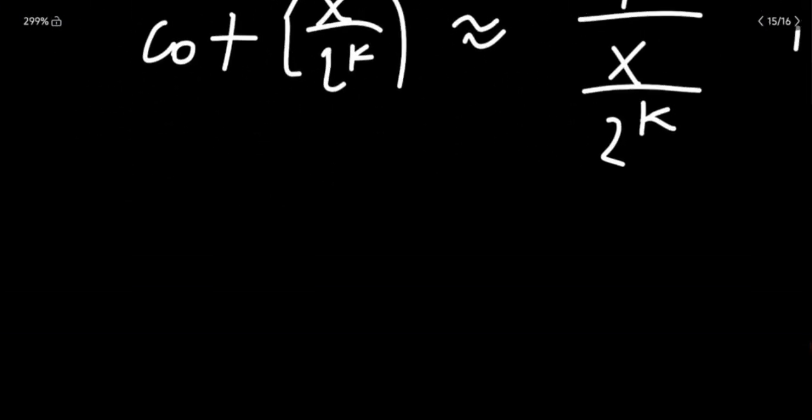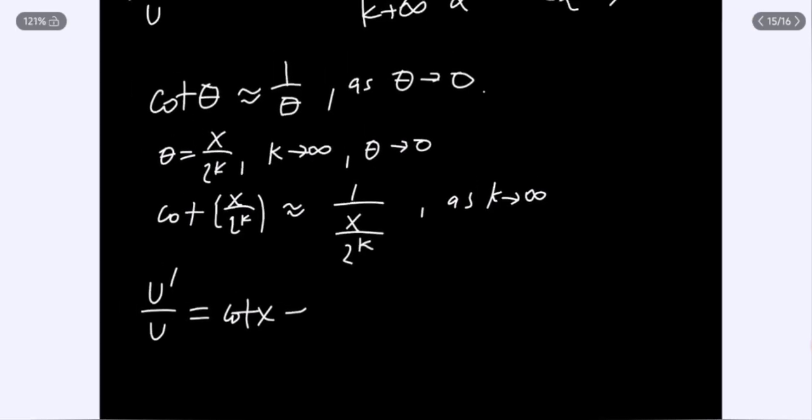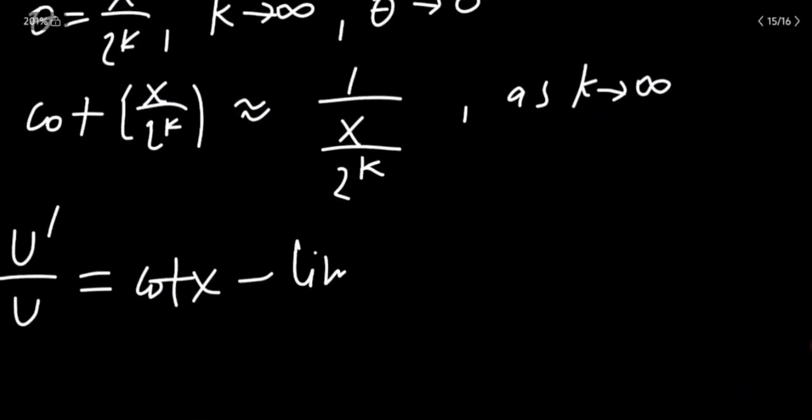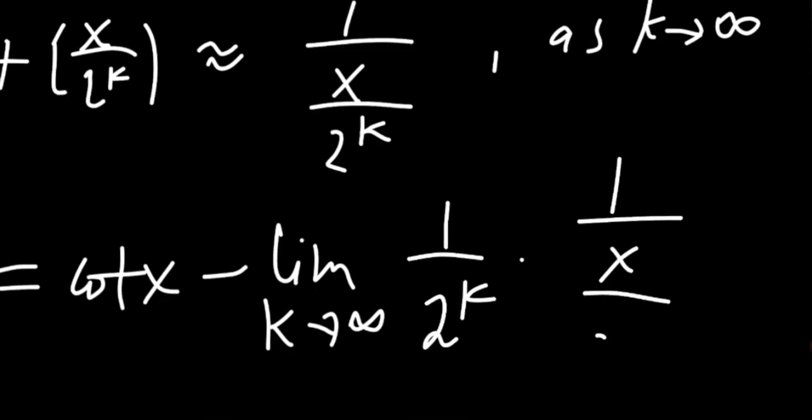Alright, so our equation now should be u prime over u equals cotangent x minus this limit, as k approaches infinity, of 1 over 2 raised to k times 1 over x over 2 raised to k, and then this should cancel out.